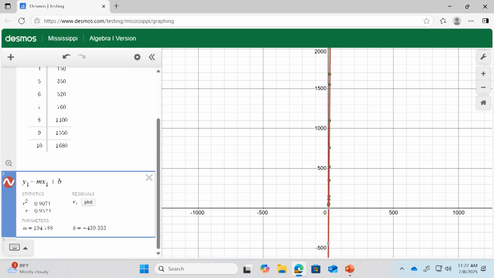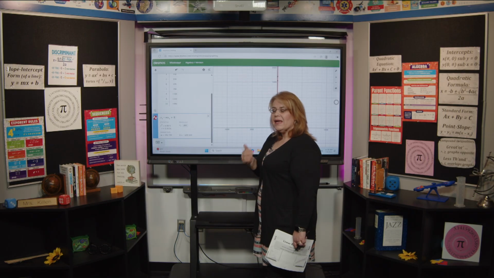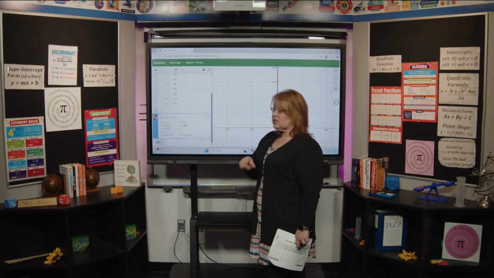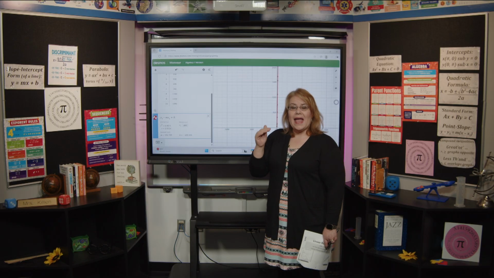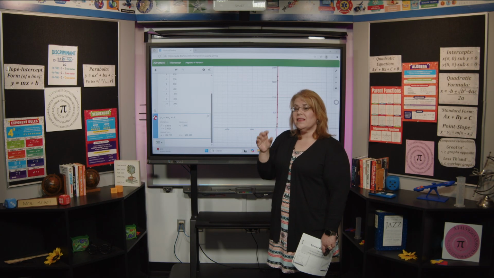And it's telling us everything that we need to know about our line or our scatter plot. It tells us what our b is, and it tells us what our m is. Now, Ms. Killen, what if we look and it's not linear? Good question. Let's go ahead and put in that y equals a b to the x and see the information we get about exponential.